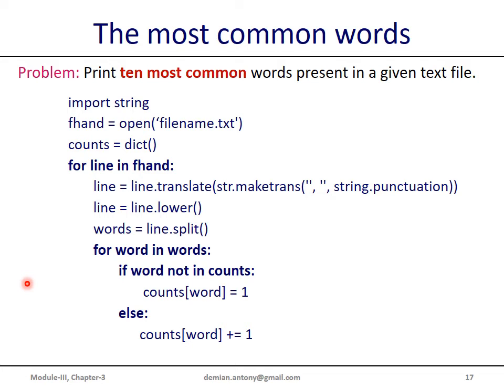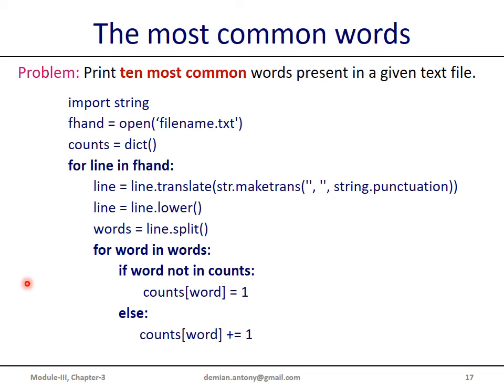Once we have a dictionary of words, we create a list of tuples having the value and key of the dictionary by generating a list of key and value pairs through the items method.